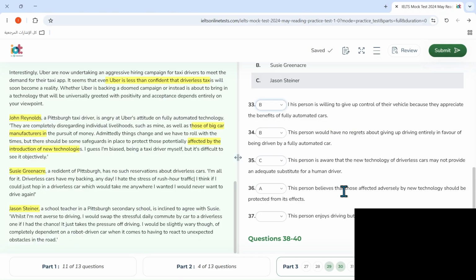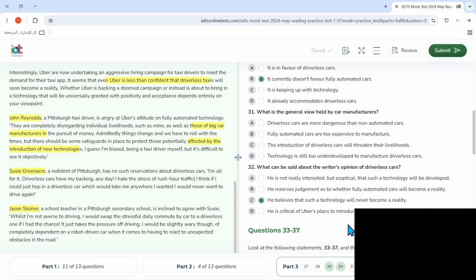B. Okay, this person enjoys driving but only under favorable conditions. This is C. C. Okay.